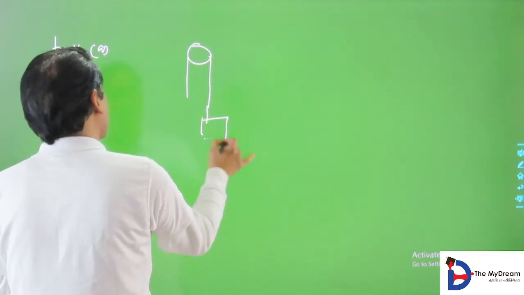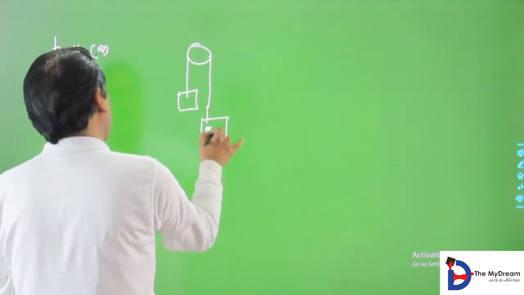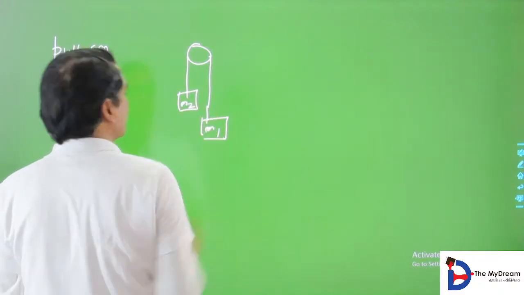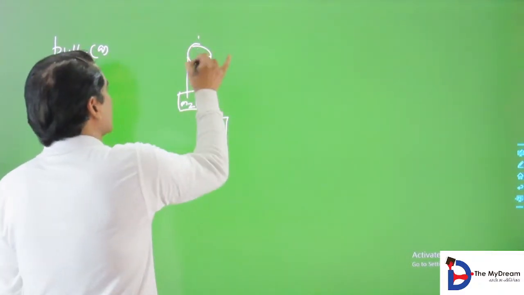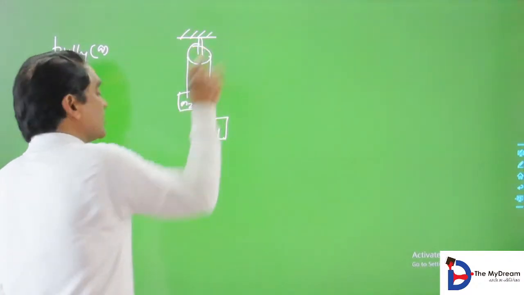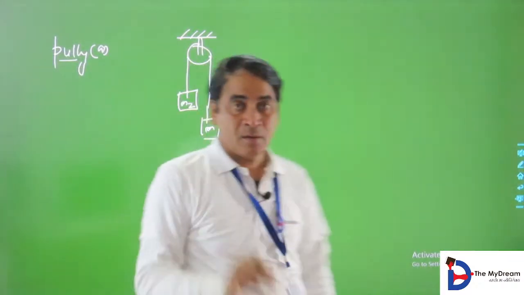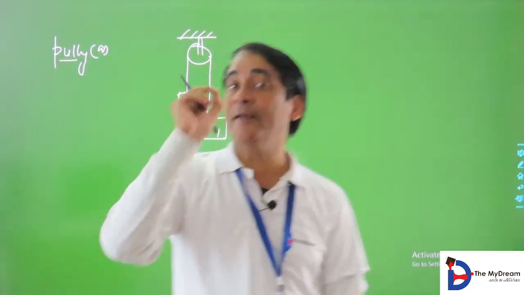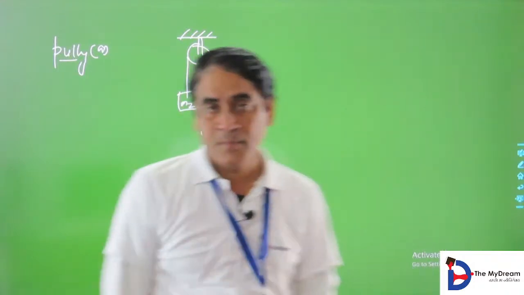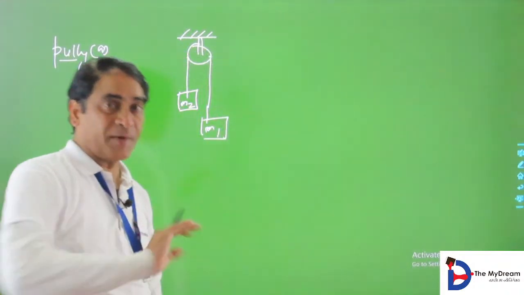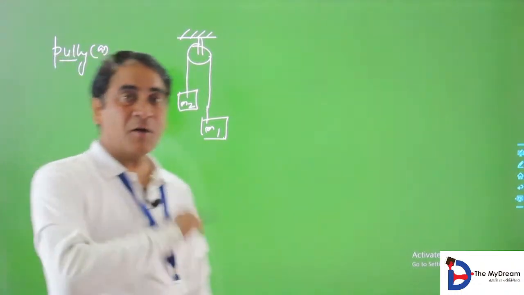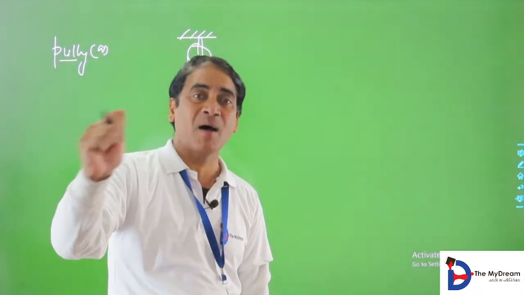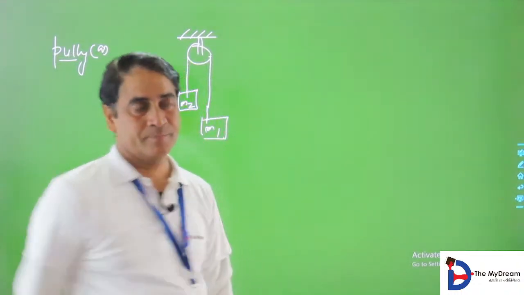There are two blocks, one having mass m1, another one m2, and this pulley is fixed. Remember one thing, the pulley is fixed, there is no friction, and we are not considering any mass of that string.